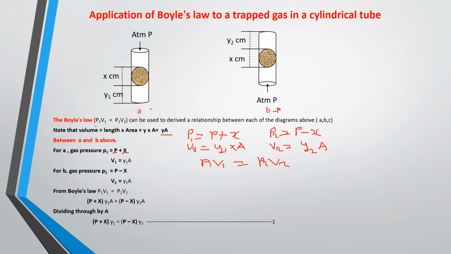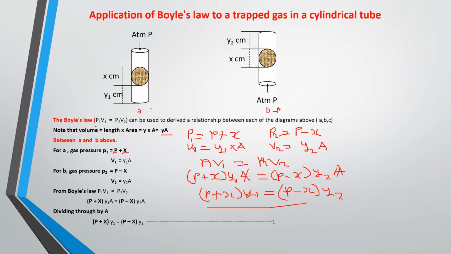We have said that P1 is equal to P plus X, and V1 is equal to Y1 times A. This is equal to P2, which is P minus X, and V2 is equal to Y2 times A. So this A can cancel out, so that your equation will now be (P plus X) times Y1 is equal to (P minus X) multiplied by Y2.